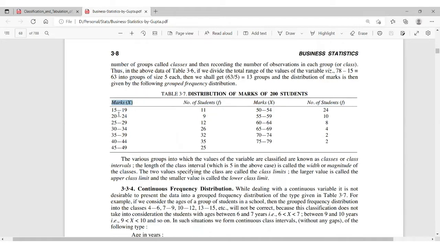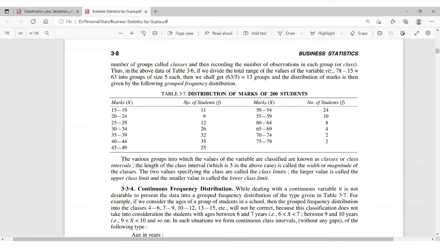For example, 15 to 19 we make the first class, then 20 to 24, then 25 to 29, then 30. The first group is 15 to 19. Now 15 to 19 means 15, 16, 17, 18, 19.